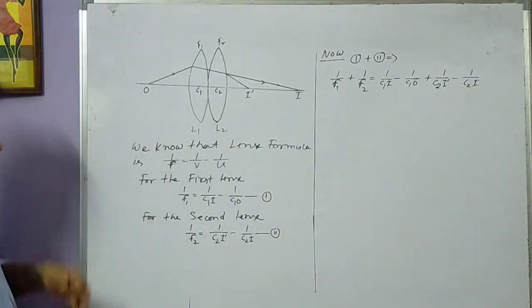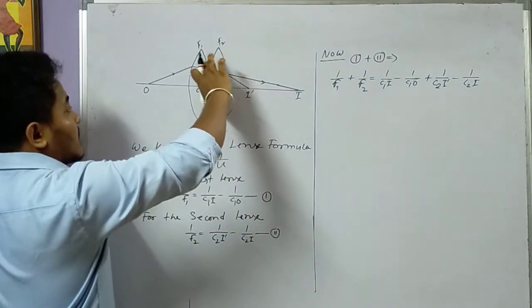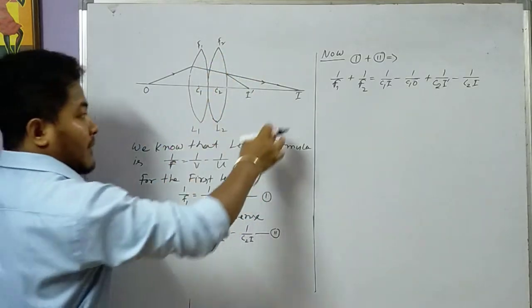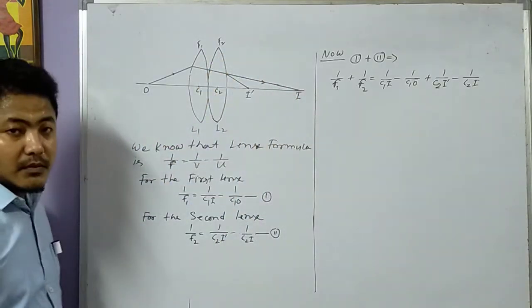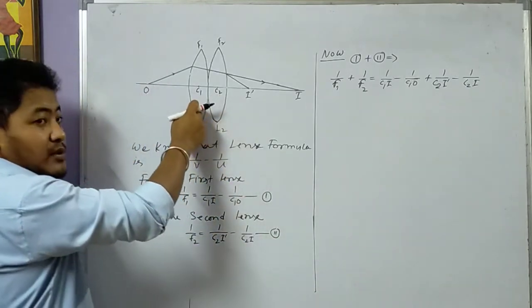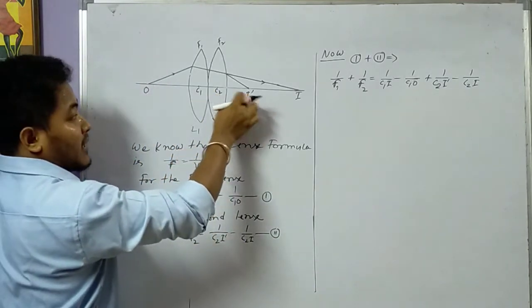Now in this case, one particular thing I must tell you: when there was only one lens and the second lens was not available, the image was formed at I. Once I bring this lens together with it, the final image forms at I dash.